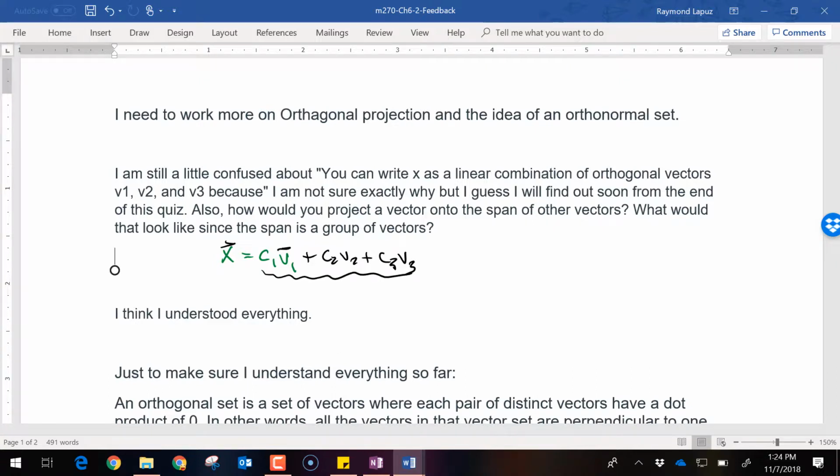To write something as a linear combination of V1, V2, and V3 means I have some arbitrary constants. And to say X is a linear combination of these things is to say this, essentially. Now, if V1, V2, and V3 are all orthogonal, we can use Theorem 5 to figure out what C1, C2, and C3 are fairly easily.